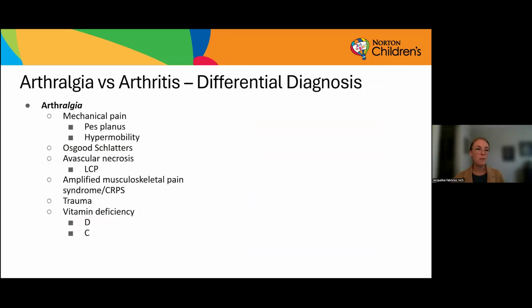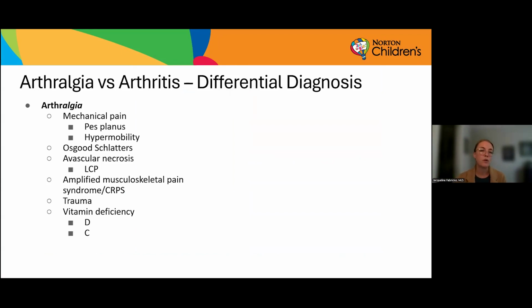So the reason why it matters, why we care, why we're trying to differentiate between mechanical pain and inflammatory pain is that the differential diagnosis is going to be different, right? And so when we are thinking about causes of non-inflammatory joint pain, that includes mechanical causes of pain like flat feet and hypermobility.